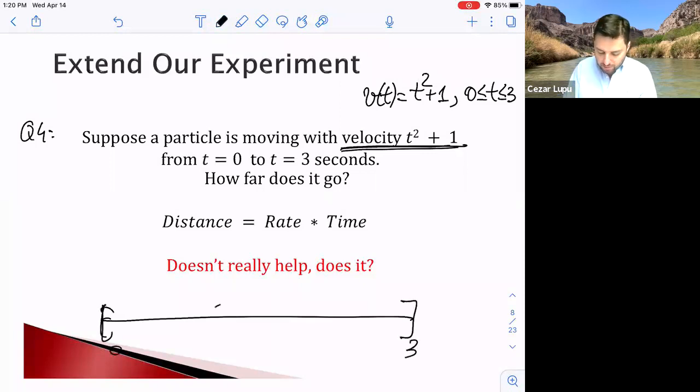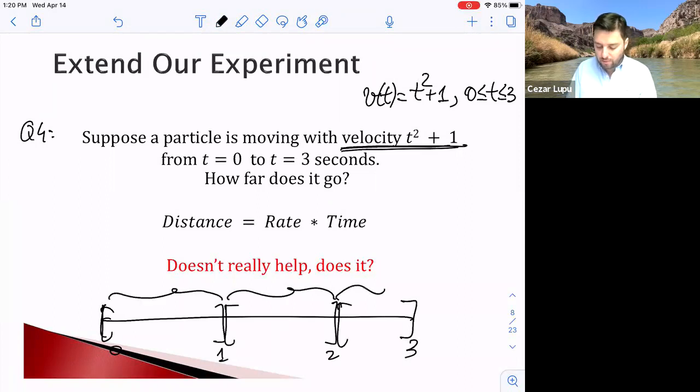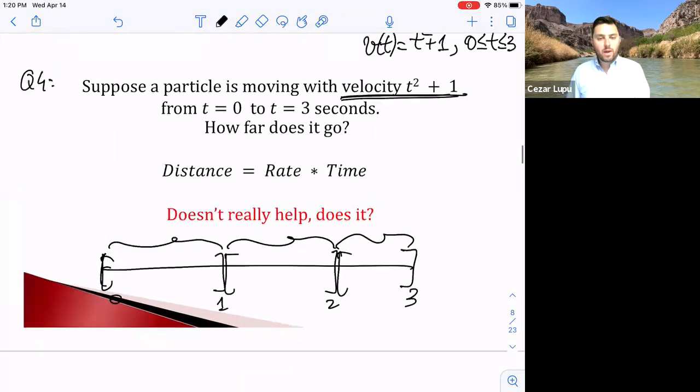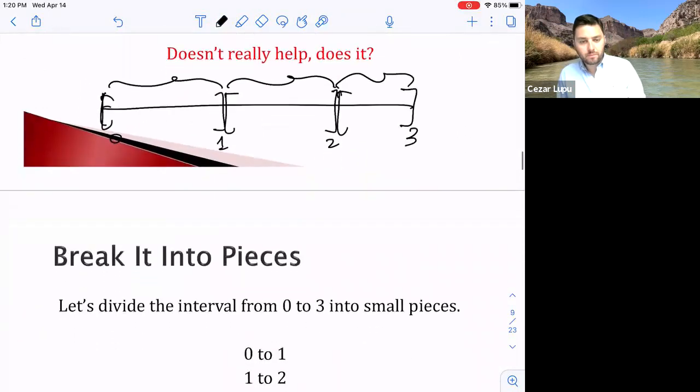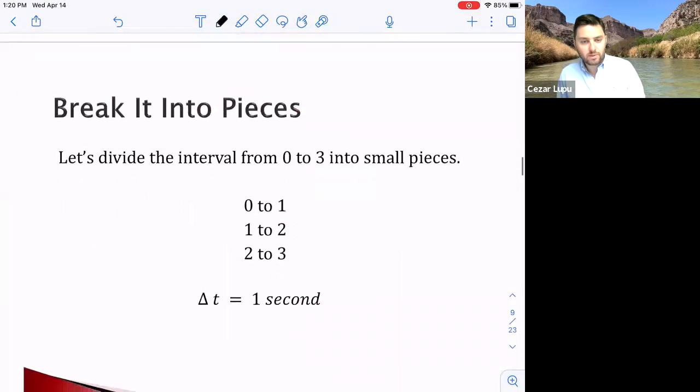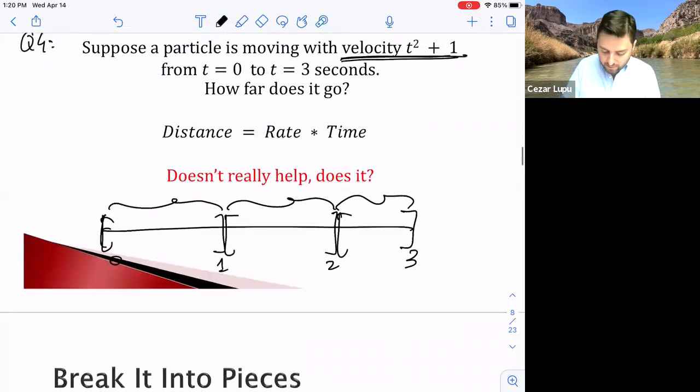And we say, let's break it into pieces: 1, here we have 2, and from 2 to 3. Let's see what happens when t is here, then here, and then here. That's what we did. We said that delta t is constant, it is 1.